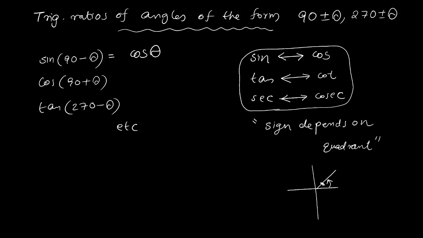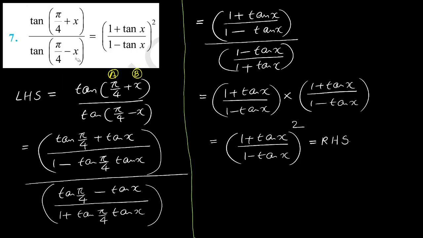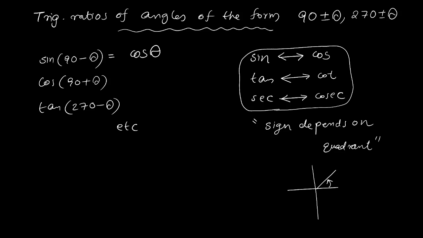Sine of first quadrant will be a positive number. In the first quadrant, all trigonometric ratios are positive. All of it clear? This example is okay.